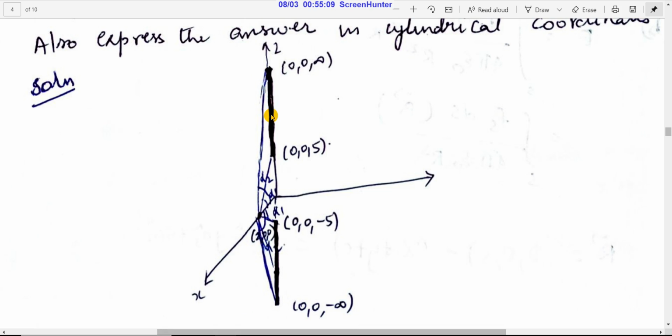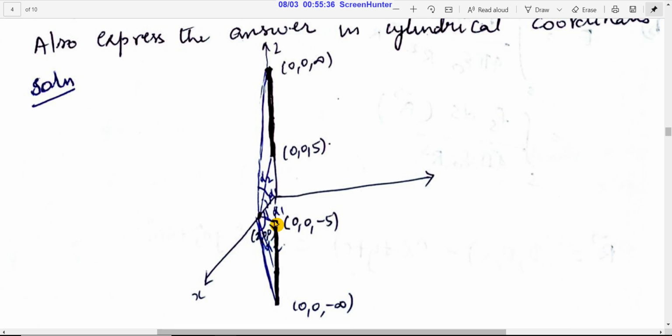So we need to find the angle. The angle from this particular point to A is called alpha 1, and to B it is alpha 2. You can also find these projections. This angle is alpha 1, this angle is alpha 2.